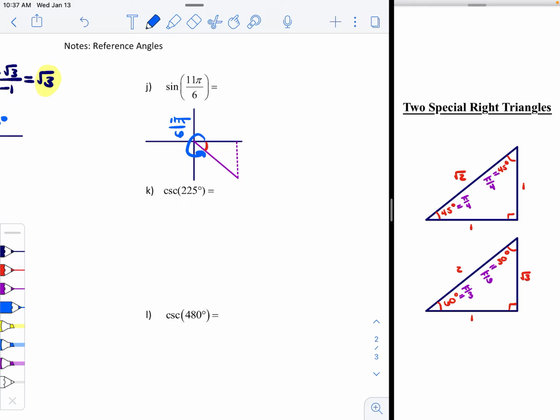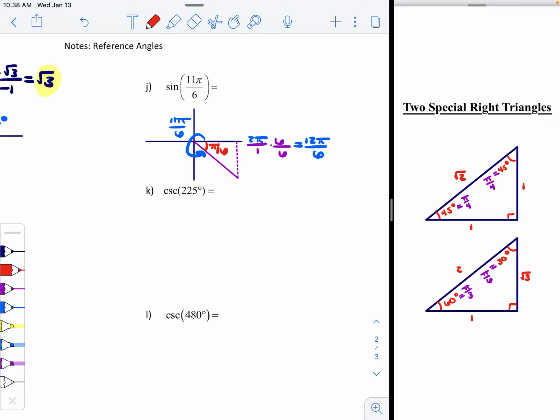Once again, draw your right triangle to the x-axis. Okay, so this was 11 pi over 6. Now we need to find our reference angle. We know that going all the way around is 2 pi, so we just need to figure out how much more we need to go to get to 2 pi.